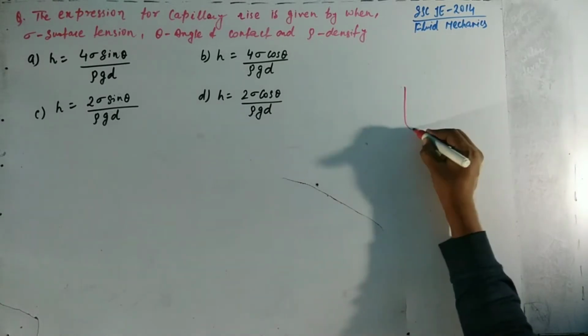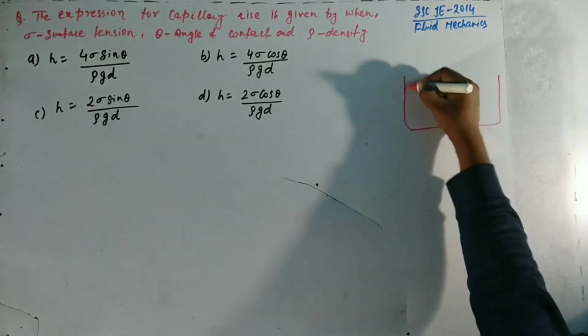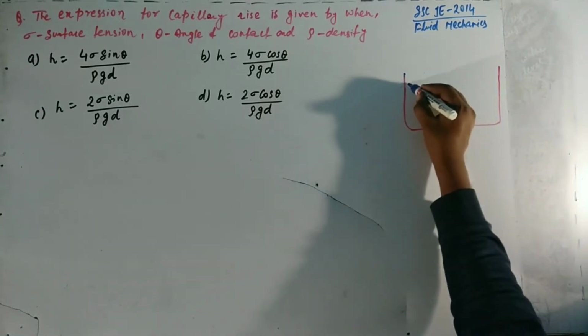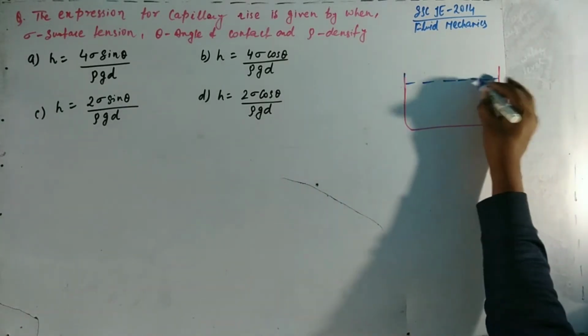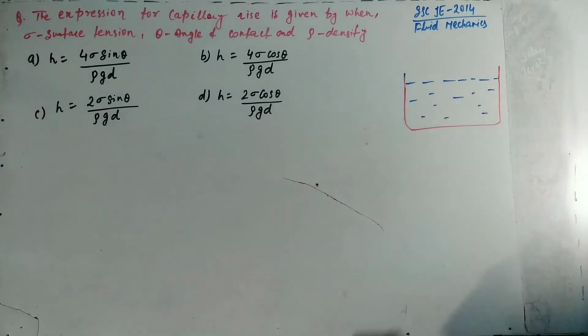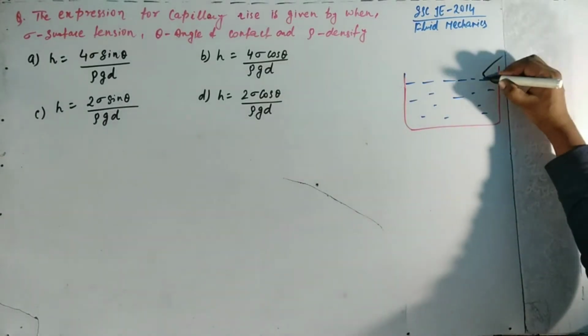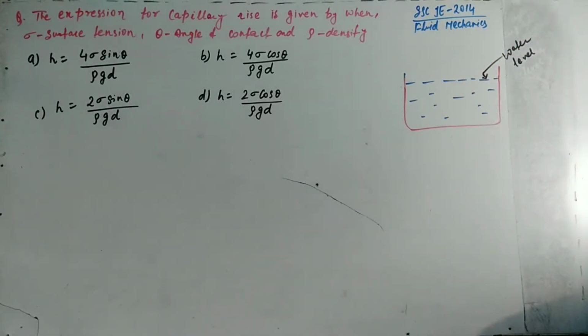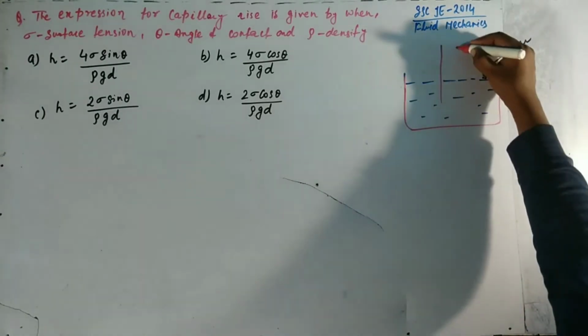To solve this problem, we take a vessel in which liquid is poured. In the vessel a fluid is poured, and this is the fluid level, suppose the water level.